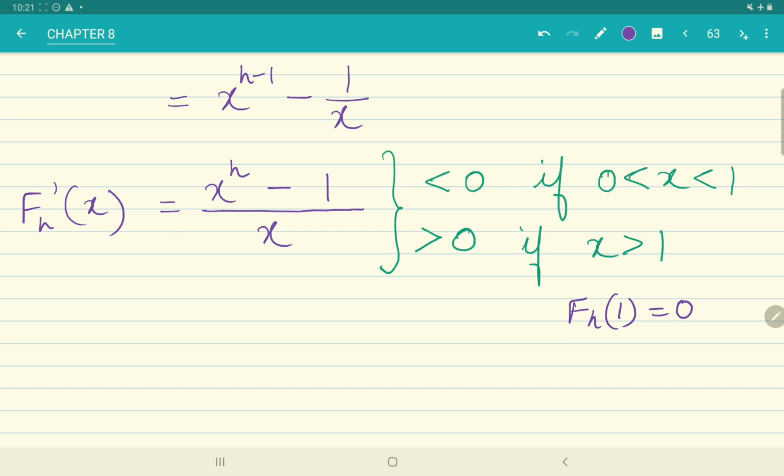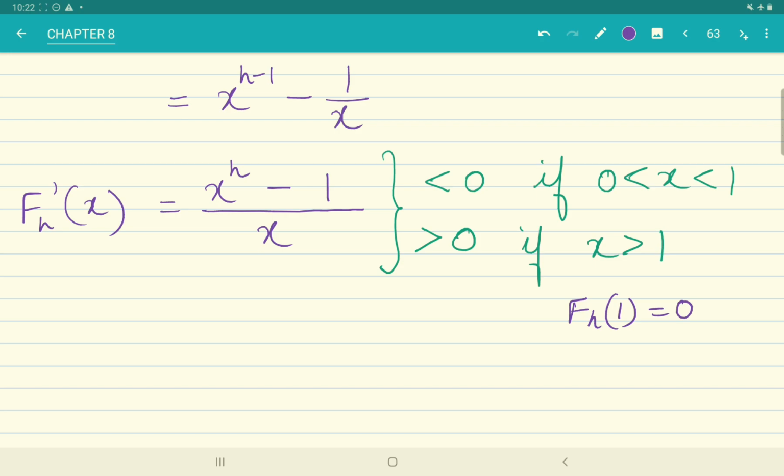That means the function decreases when x is between 0 and 1. And at 1, the value of the function is 0. That means the function decreases from positive values to 0 when x is between 0 and 1.